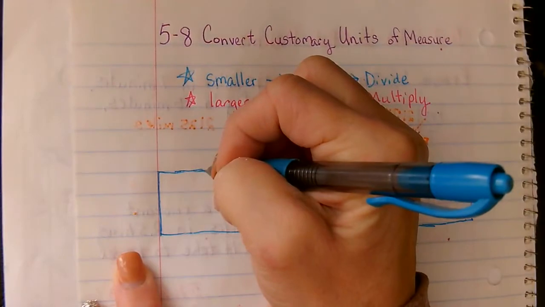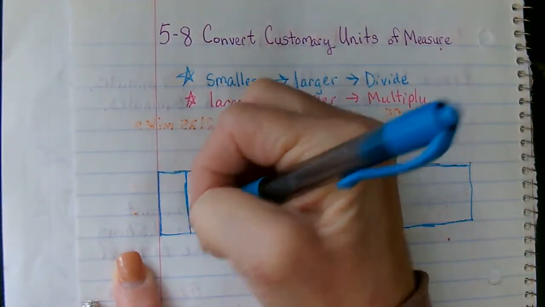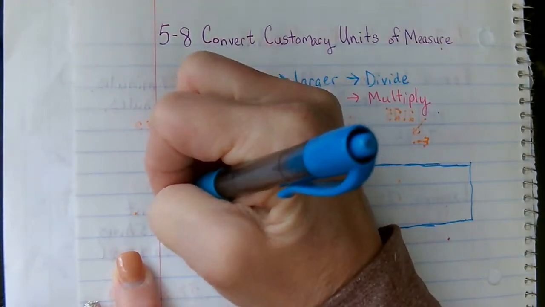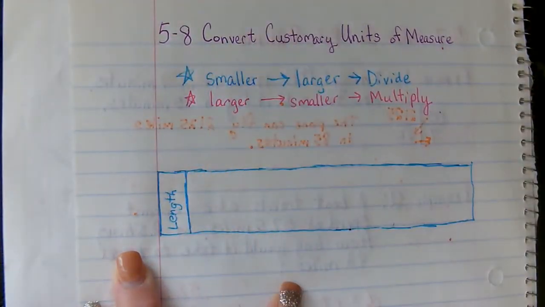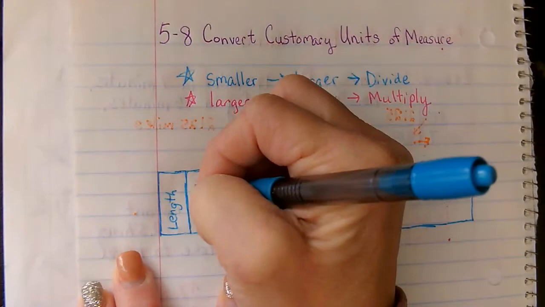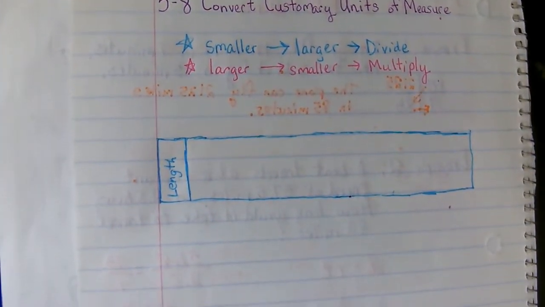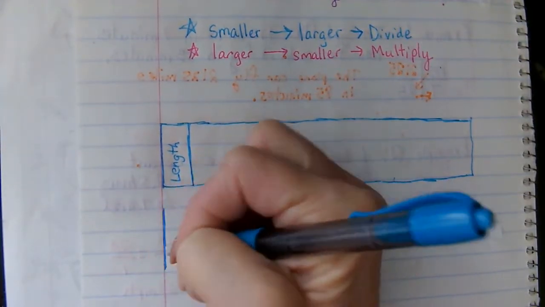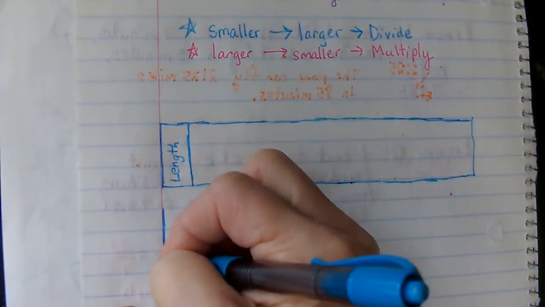I'm going to draw a little box this way and write length. Okay. And then down here I'm going to do another one. Box this in. We're going to call this one capacity.